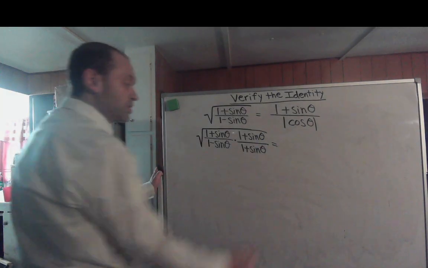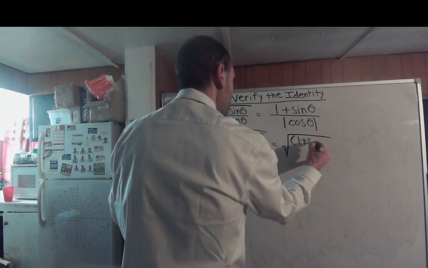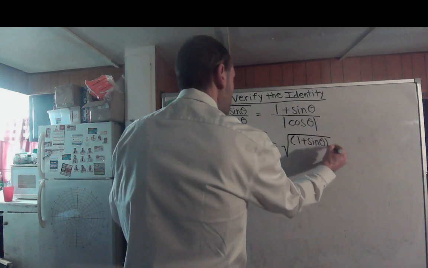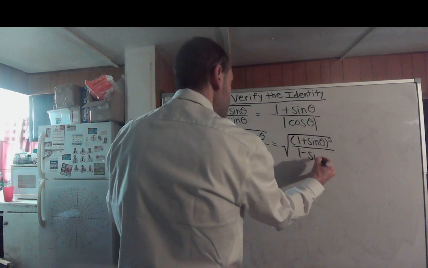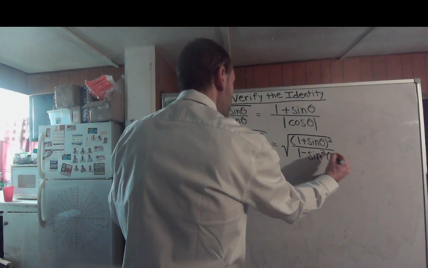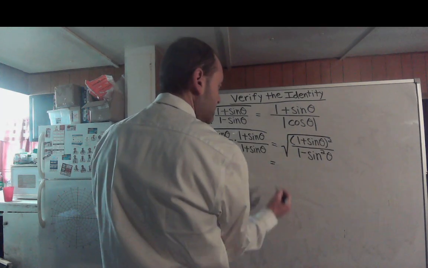Well, this would turn into the square root of the quantity 1 plus the sine of theta, squared, all over 1 minus sine squared of theta. Well, what is 1 minus sine squared of theta?